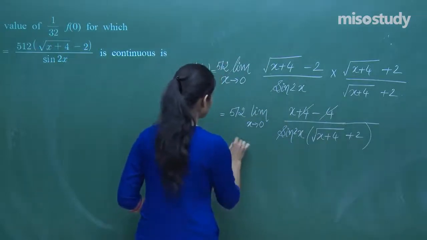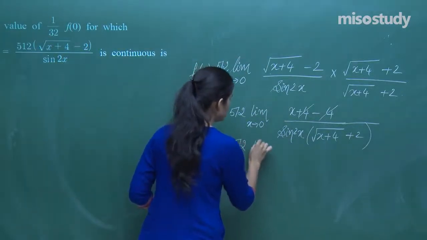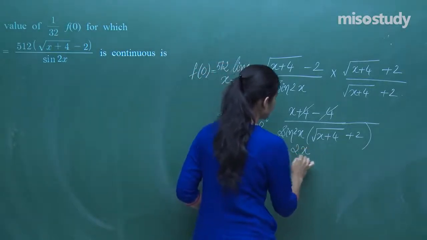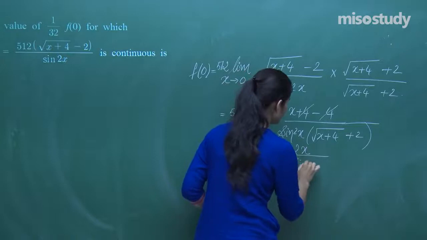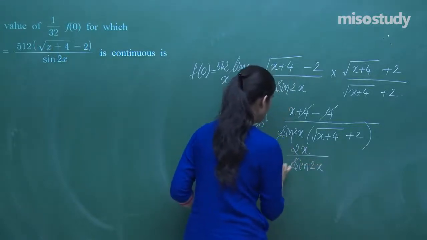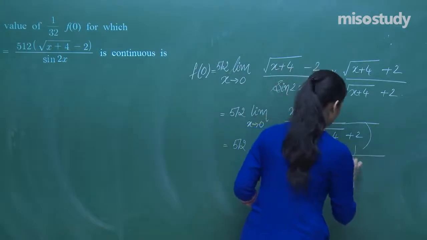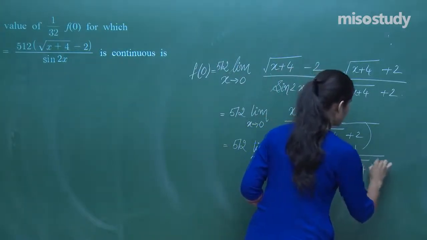Right. So what you do is 512 limit x tends to 0, let's make it 2x upon sine 2x, and here you have 1 by 2 into 1 upon root over x plus 4 plus 2.